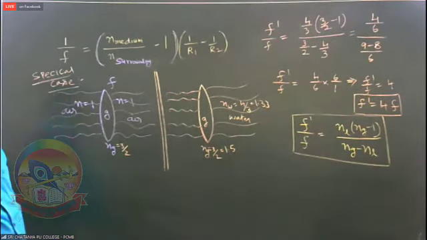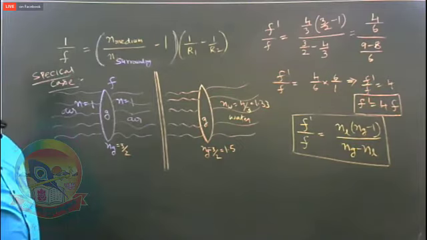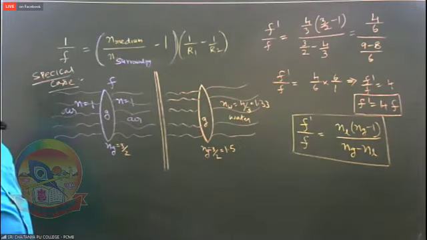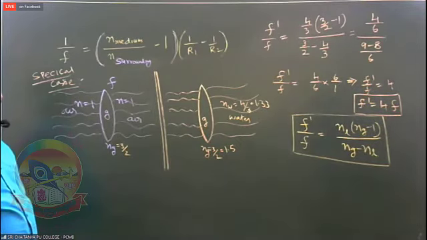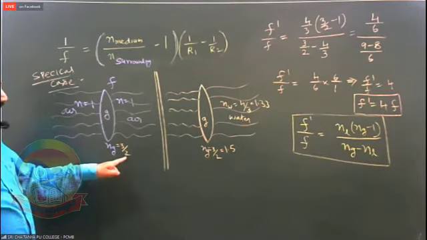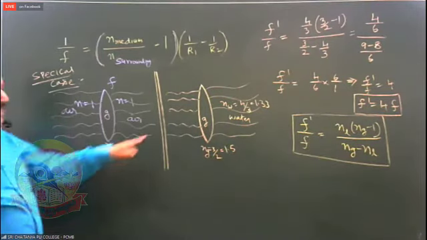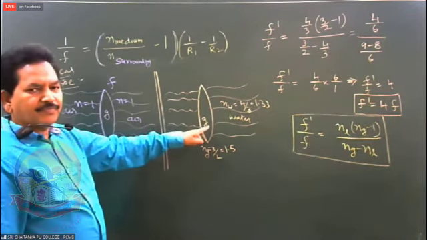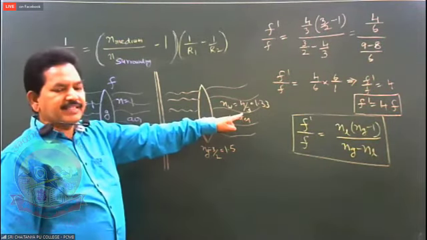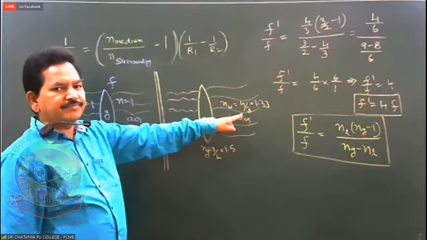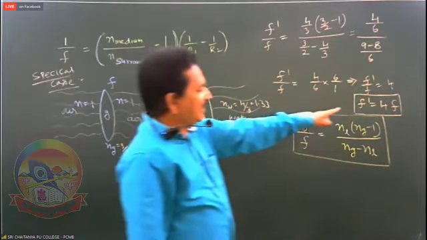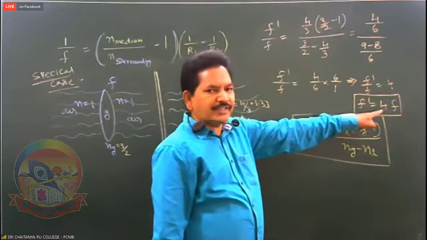Remember this as a result; in the examination it may be useful. Whenever a convex lens made of glass, refractive index 3 by 2, is immersed in water of refractive index 4 by 3, the focal length increases by 4 times.